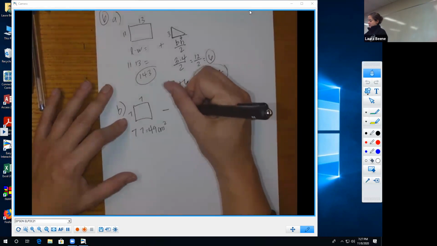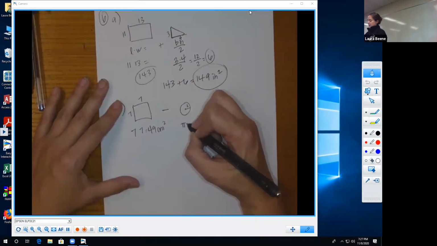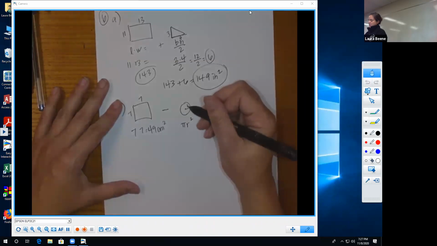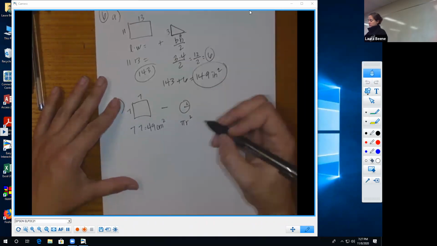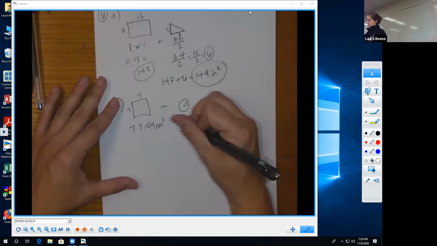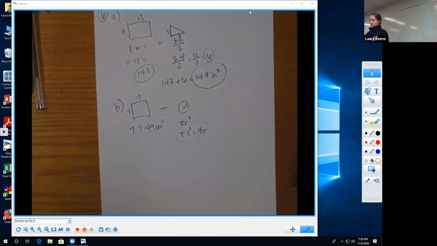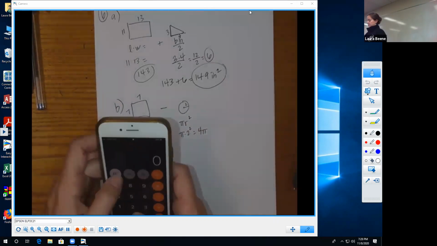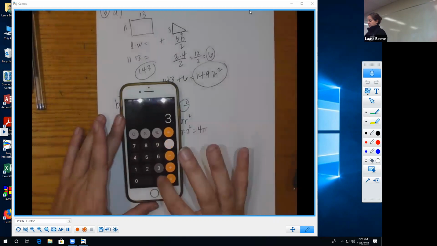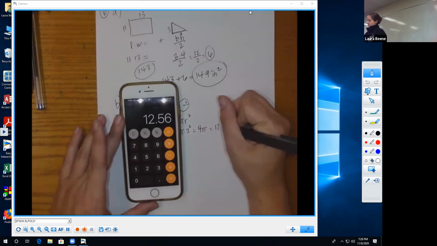The area of the circle is pi r squared. My radius is 2. So it is pi times 2 squared, which would be 4 pi. And when you put that on your calculator, you just put pi in as 3.14. So 4 times 3.14 would be 12.56.